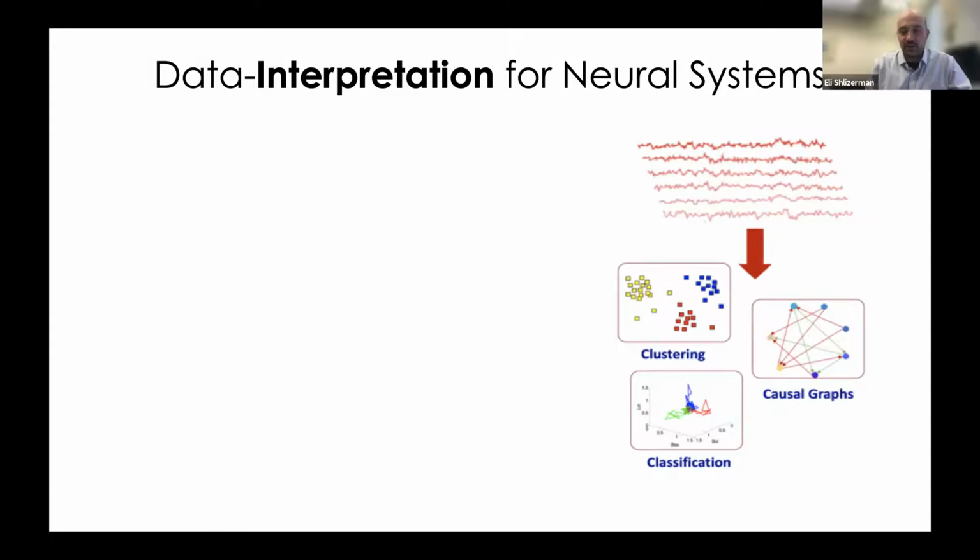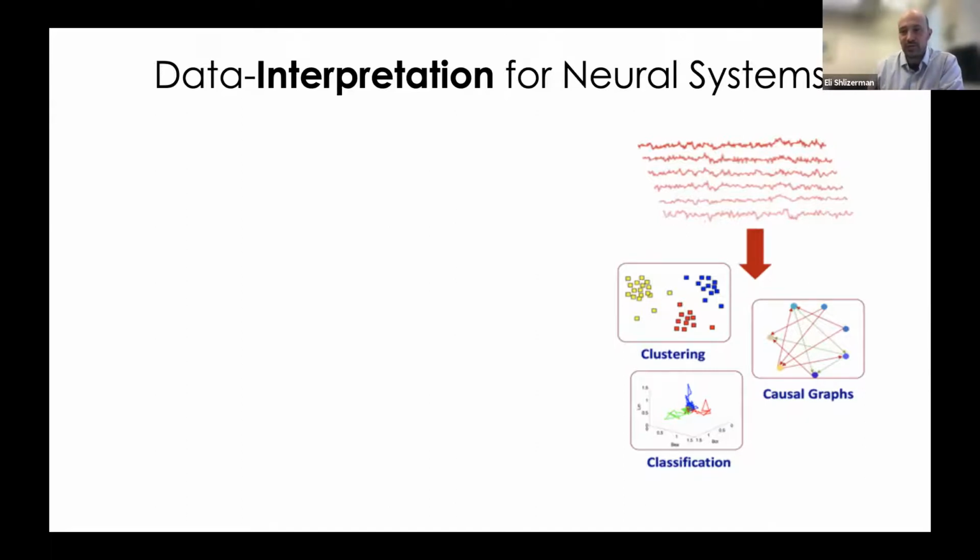And also because this data is quite different. These are continuous spatial temporal signals that need to be processed, and typically need to be processed with a high resolution in space and high resolution in time. So our main goal so far is in data interpretation for neural systems.